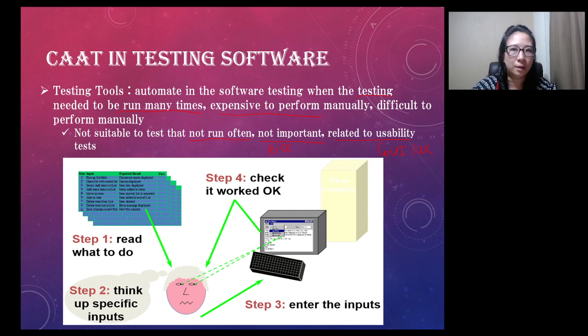You need to create the testing scenario, you need to put what is the input, the processing and the output, something like the snapshot that we already discussed before. We put that into the Excel file, and then we put it into the system, and then the system will check based on this snapshot, based on the scenario plan that we already made. Basically it's as simple as that, what we call the testing tools.